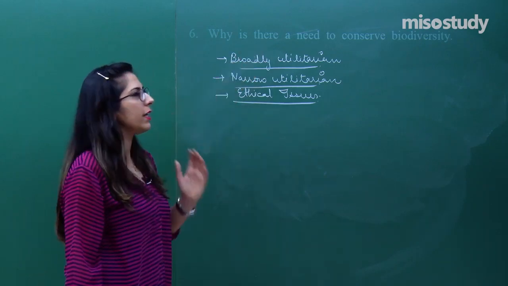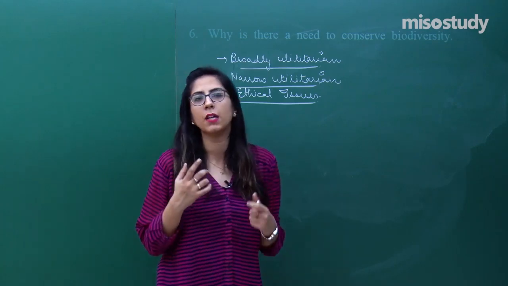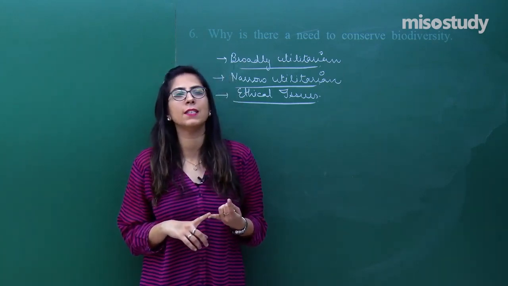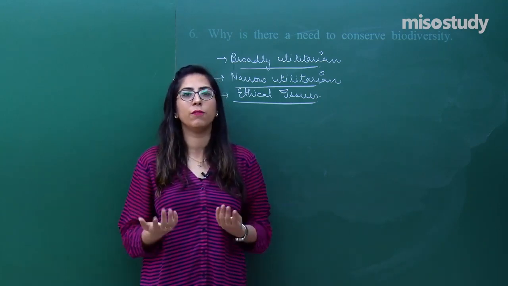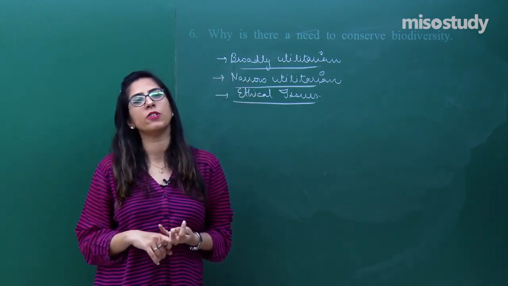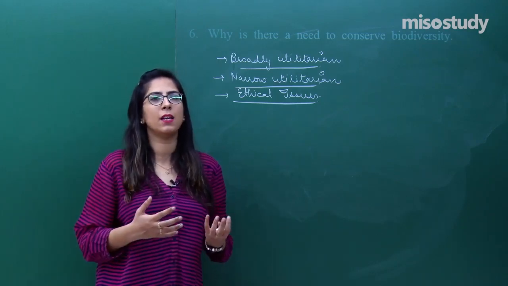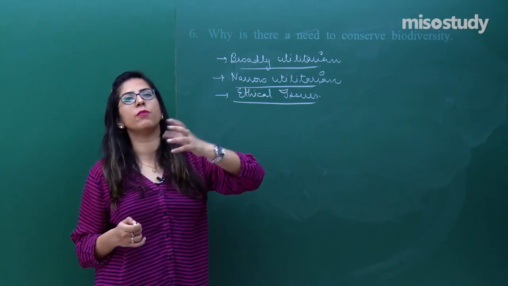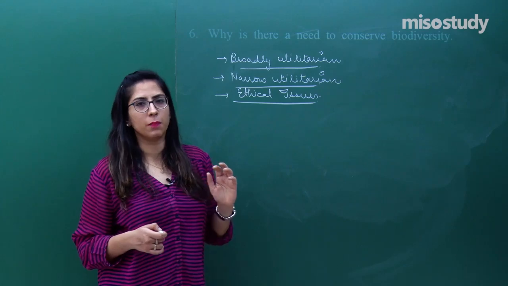First is the broadly utilitarian. That means we as organisms depend upon this biodiversity, first, for the oxygen and carbon dioxide balance. It is very important for the survivability and sustenance of human beings. Not only this, there is also the pollination process. Bees are there, different bats are there, different mammals are there. They help in the pollination process, that is, the spread of pollen from one place to another. All that comes under the broadly utilitarian.